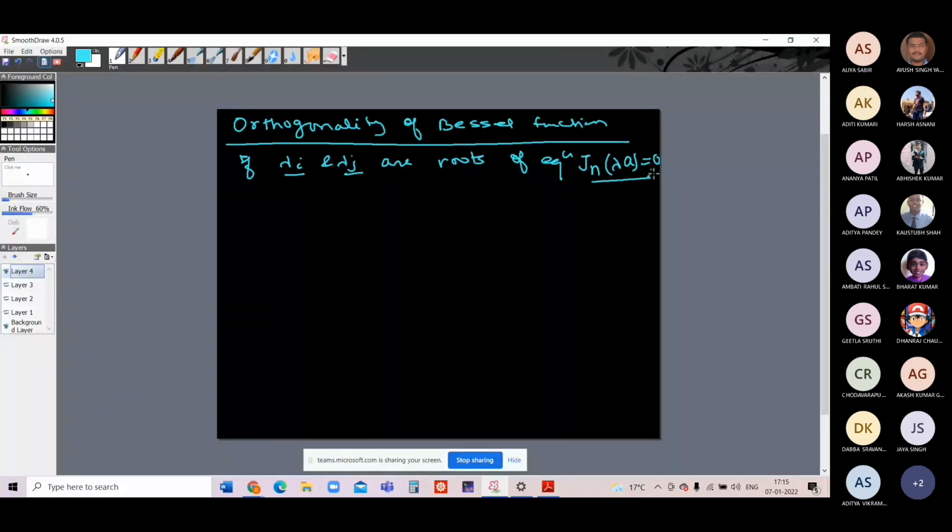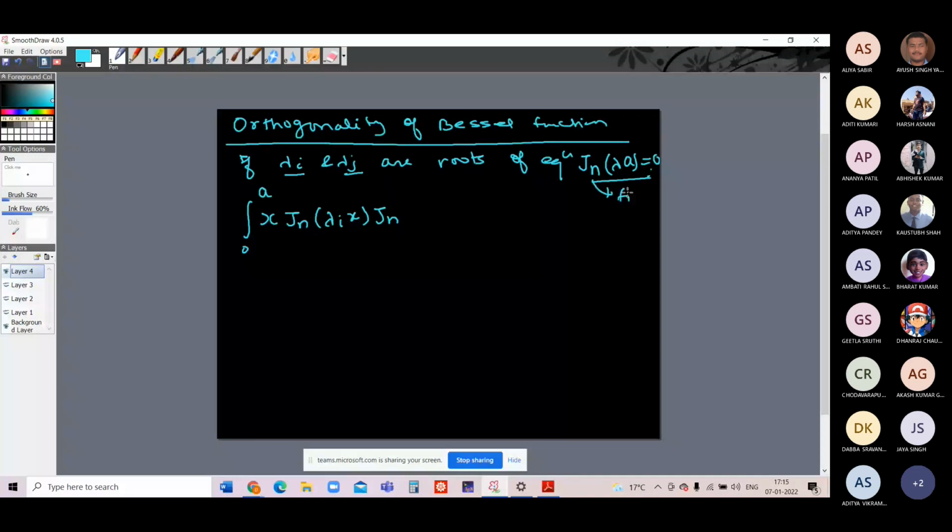Okay, so if lambda i and lambda j are roots of this equation Jn lambda a equal to 0, then the integral over this interval from 0 to a with weight function x, Jn lambda i x Jn lambda j x dx, for fixed n. Here this n is fixed.